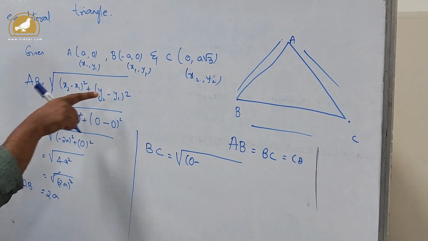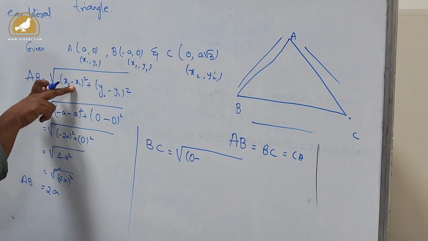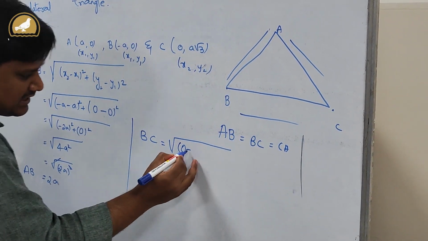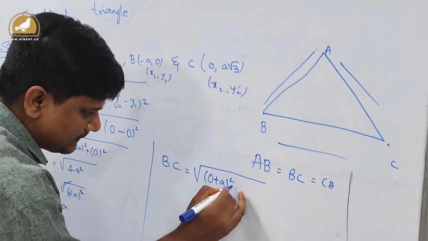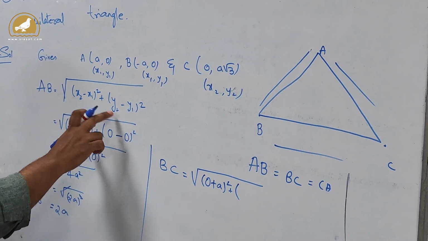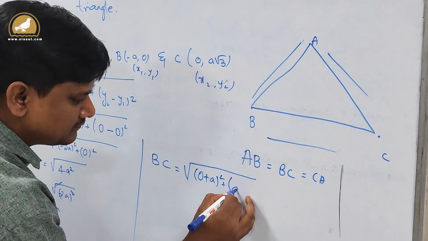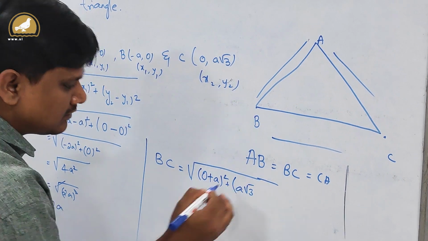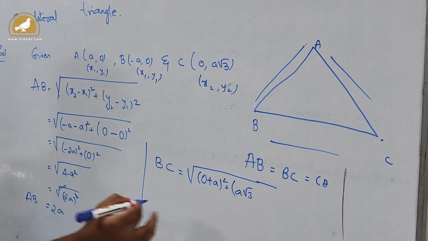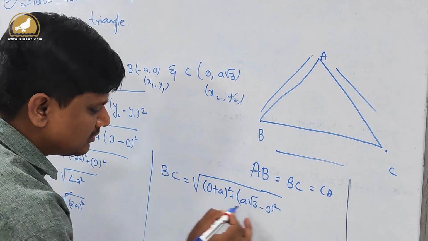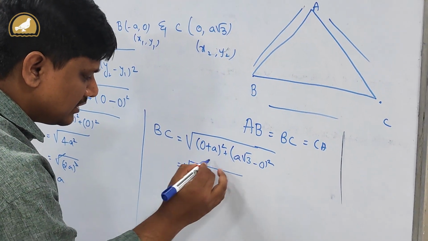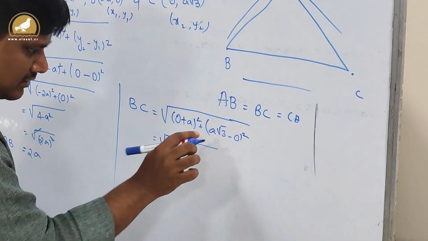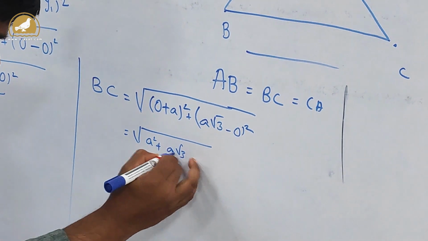Next x1, the value of x1 is minus a, formula minus, and this minus into minus will be plus. y2 value is a root 3 minus y1 which is 0, whole square. So we get a square plus a root 3 whole square.